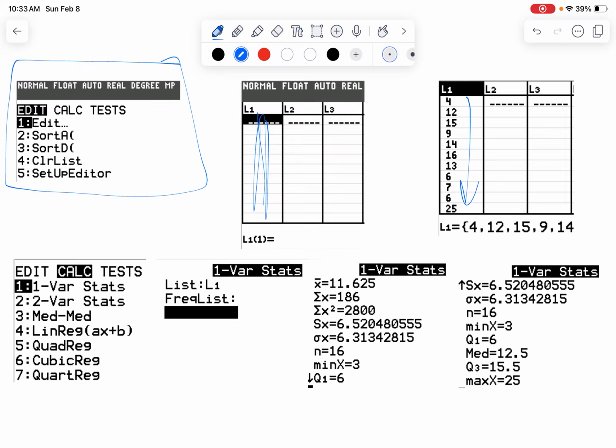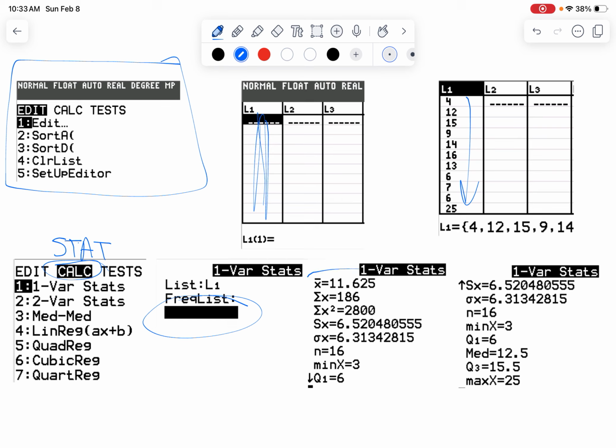Then you're going to hit Stat again. And on the top, you're going to scroll so you get the calc. And then the very first one is the one we want, 1-var stats. Go to calculate.